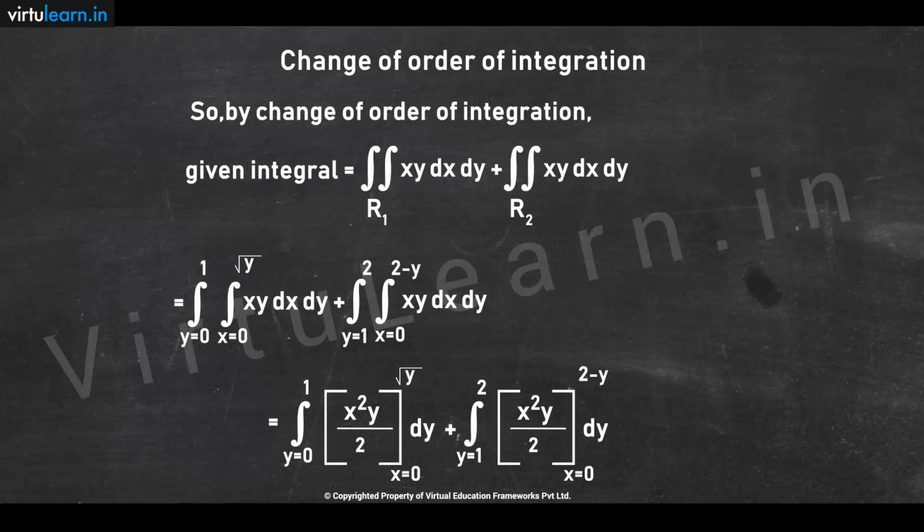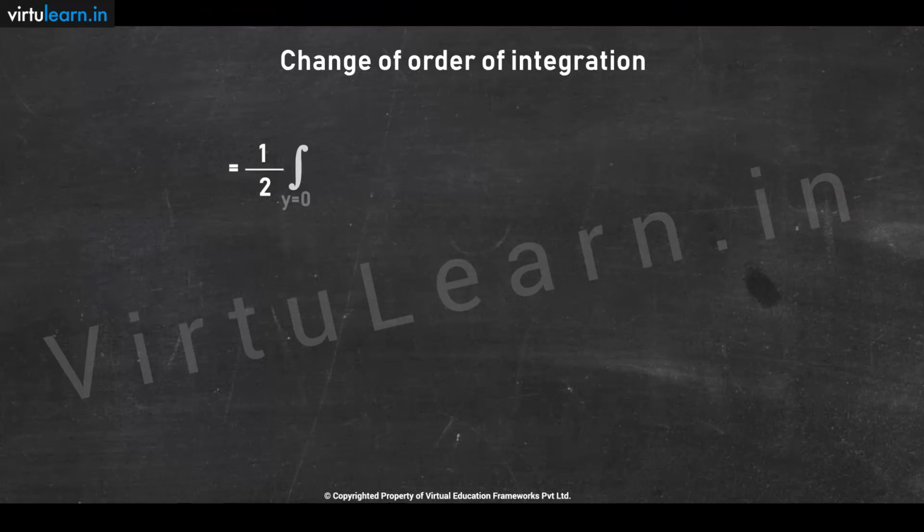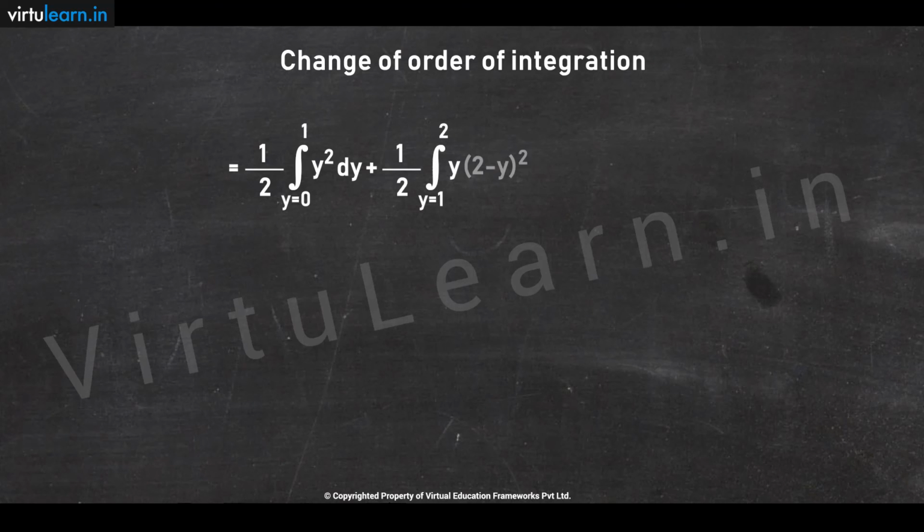Substituting the limits, we get half of integral y equal to 0 to 1 y square dy plus half of integral y equal to 1 to 2 y into (2 minus y) whole square dy.